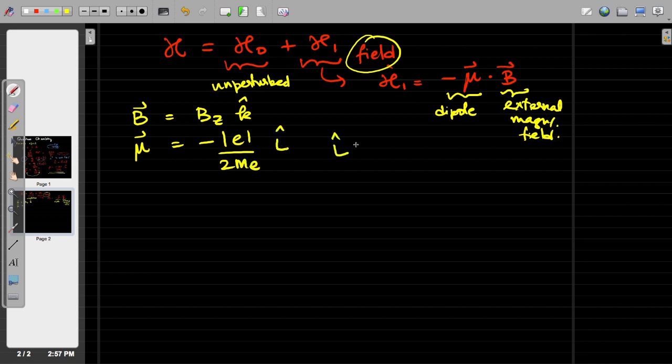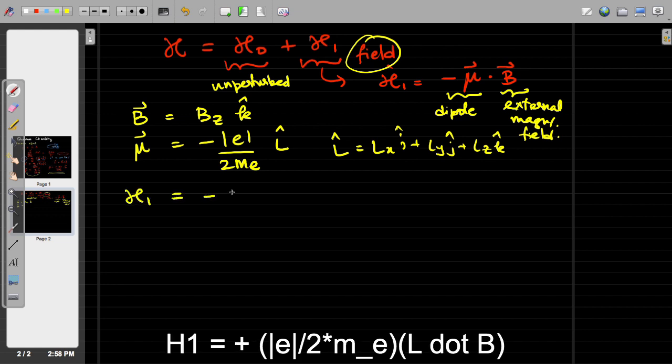And you might remember L cap is Lx i cap plus Ly j cap plus Lz k cap. So the moment you have something of this sort, you have a dot product, and the Hamiltonian will be nothing but mod e divided by 2 me times L cap dot B cap.